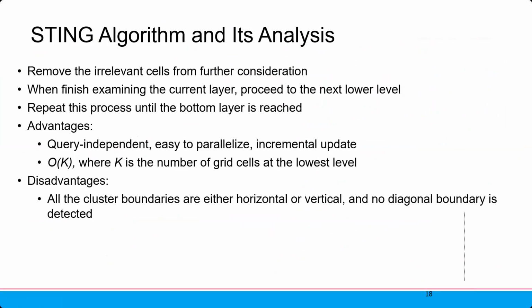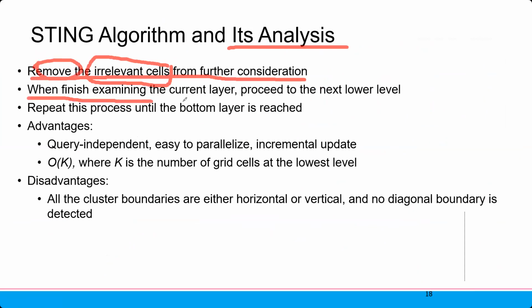So in this kind of algorithm, we can do something better. We can do the analysis. For example, we can remove the irrelevant cells for further consideration. The irrelevant cells means, if the cell is not important, or if the cell has no proper distribution, where the distribution is different from the other cells, then we can remove it.